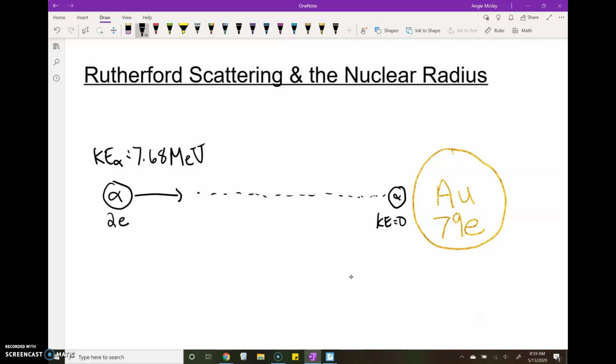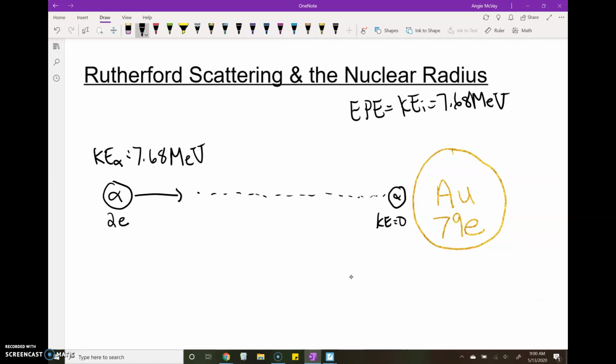But it has some electric potential energy because the alpha particle has been slowed down because it's being repelled by the gold itself. So that potential energy is equal to the kinetic energy that it initially had, which is 7.68 mega electron volts.